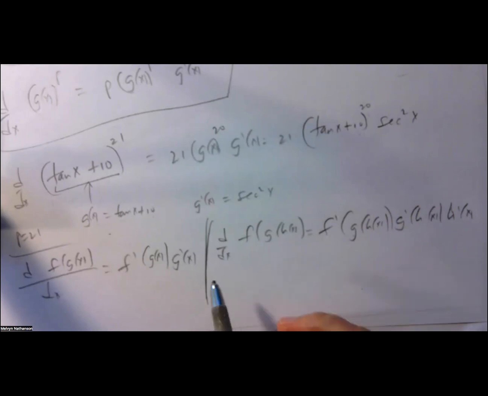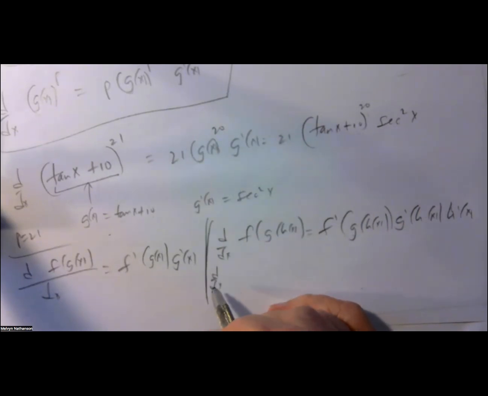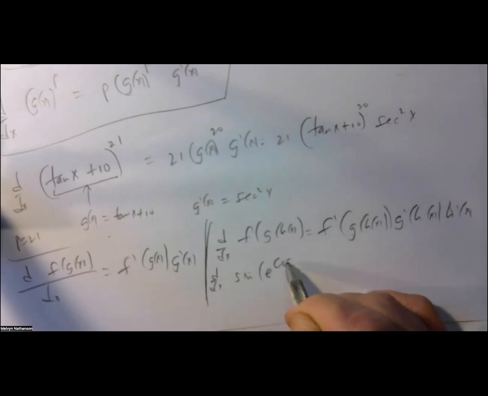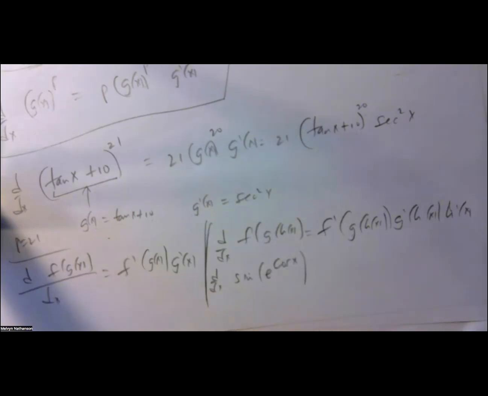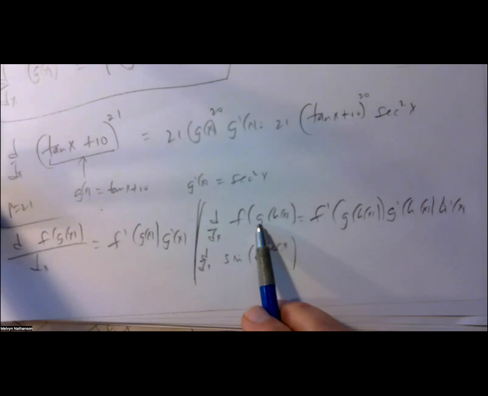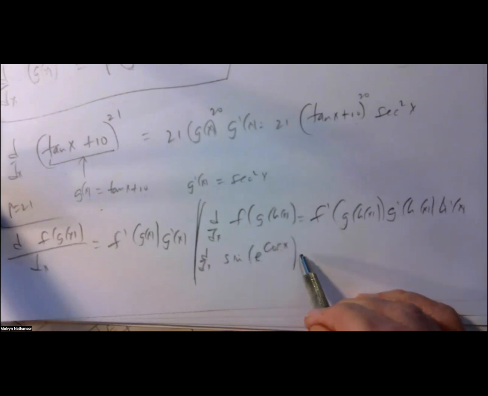As an example, suppose we had the derivative with respect to x of the sine of e to the cosine of x. So here I have three functions. I have cosine of x, and that's my h of x. G of x is the exponential function, and f is the sine function.